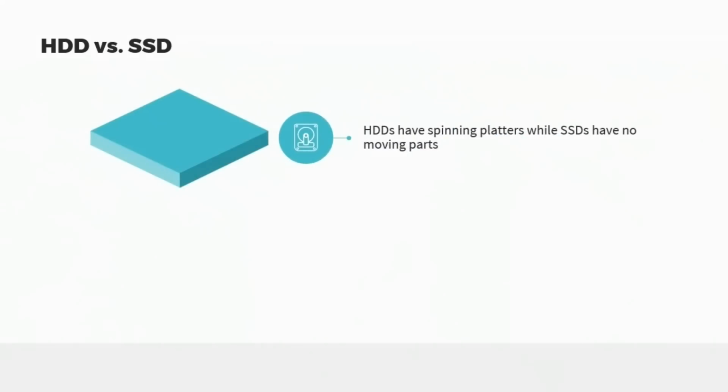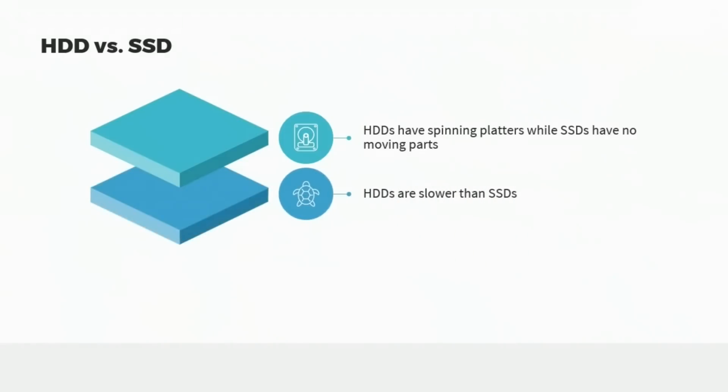Now these days, solid-state drives are rapidly becoming the preferred choice for many, at least as their primary storage device, most notably because solid-state drives just use collections of memory chips, and as such they have no moving parts, whereas traditional hard disk drives have spinning platters and an actuator arm for the read-write head.